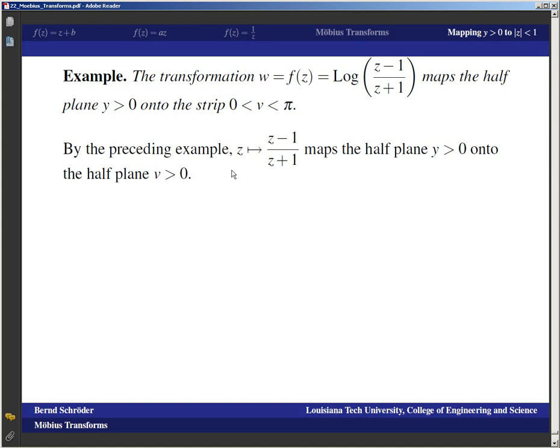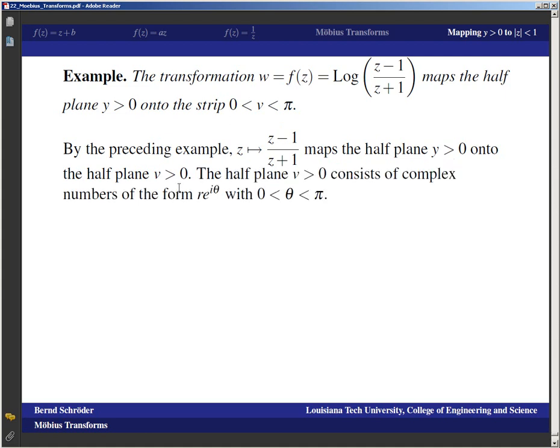By the preceding example, we have that when we map z to (z - 1)/(z + 1), that maps the upper half plane y greater than 0 onto the half plane v greater than 0.